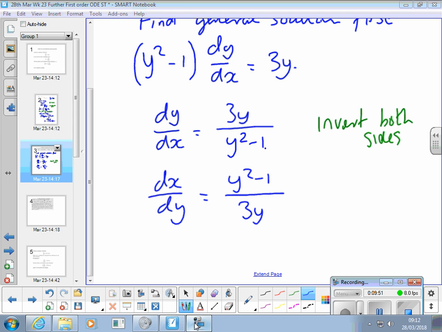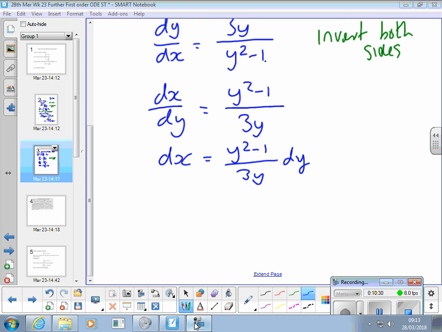And then finally, what can we do? Can you see how we can simplify that?